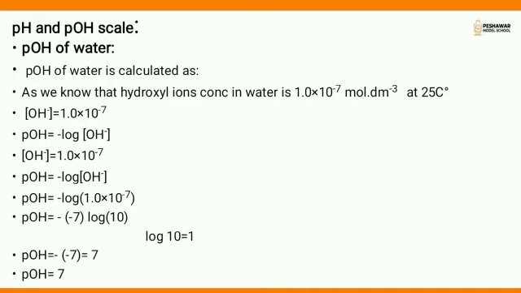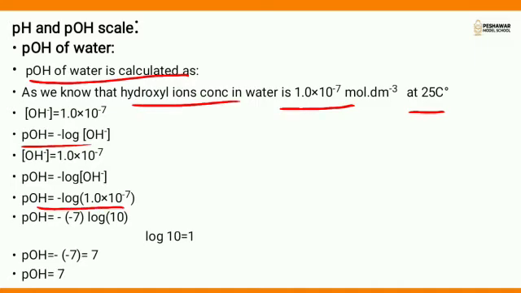pOH of water: how will we calculate the pOH of water? As we know, the hydroxyl ion concentration of water is 1.0 × 10^-7 mole per dm cube at 25 degrees temperature. Putting the value in the formula, you get minus log of the hydroxyl ion concentration, 1.0 × 10^-7.